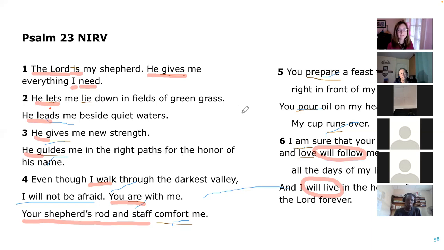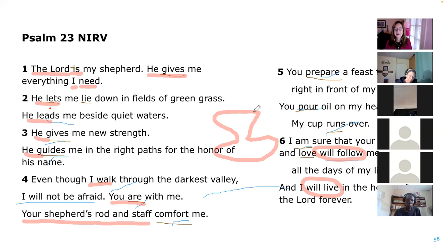So if you think of the shape of an hourglass, I'm going to try to draw on here. An hourglass, it's wide at the top, so we can start out our conversation about a Bible verse in a very big way. Starting out, the Lord is my shepherd, and saying, what does that mean? What does it mean? The Lord is my shepherd. What does a shepherd do for his sheep?